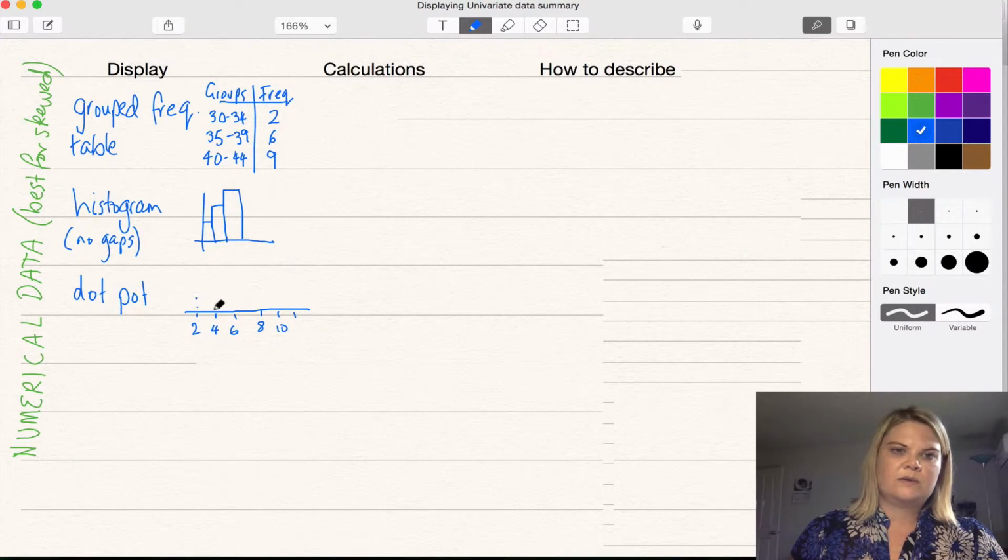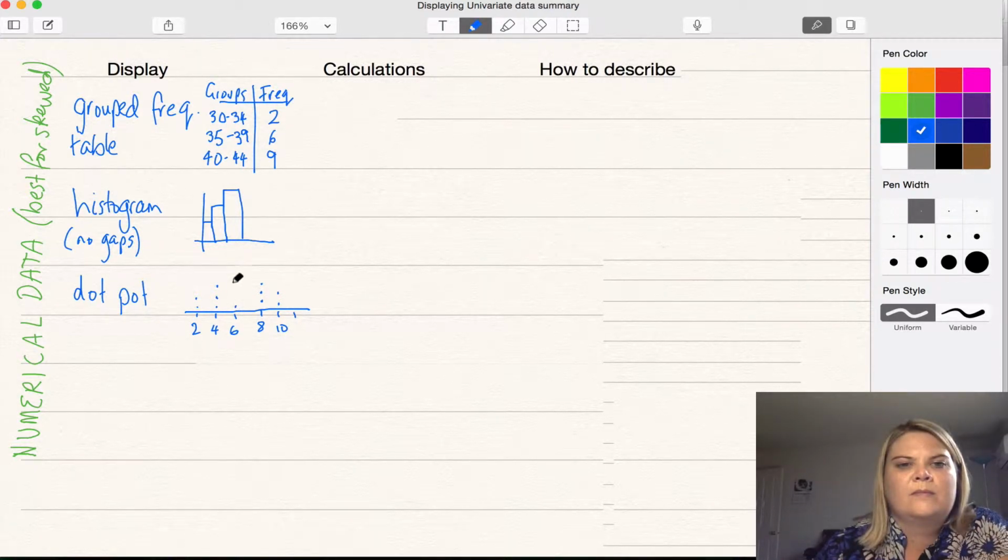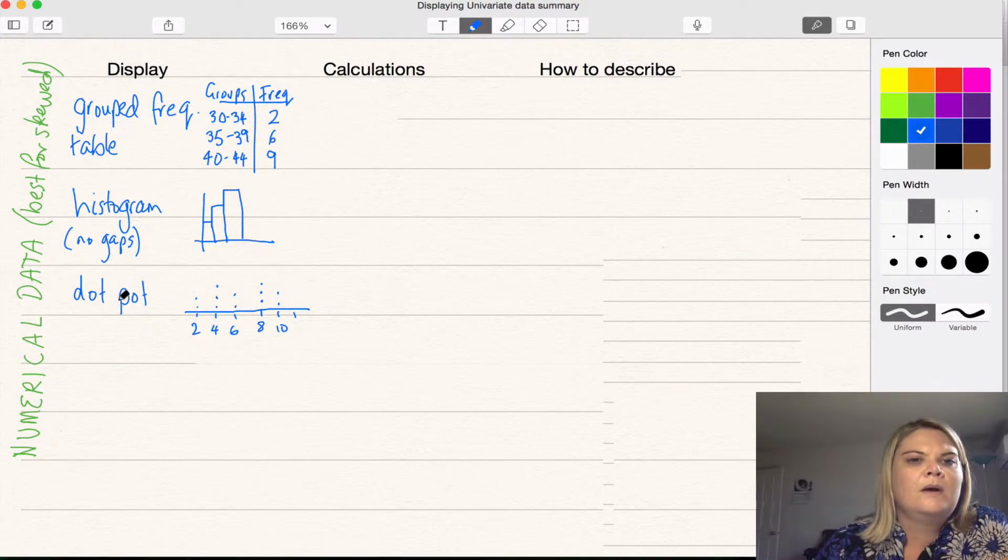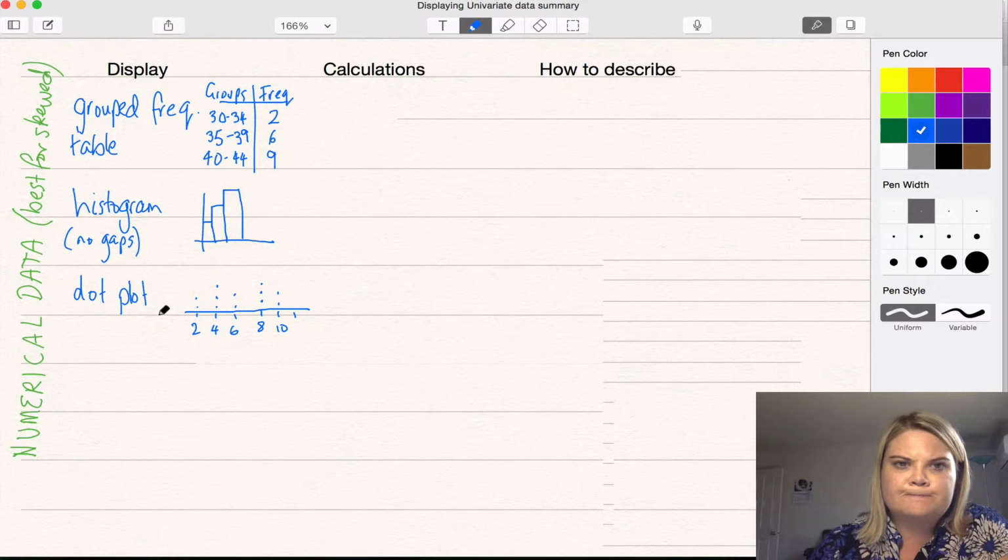So I have 2 here, 3, 1, and 2. Dot plot. Makes a lot more sense.